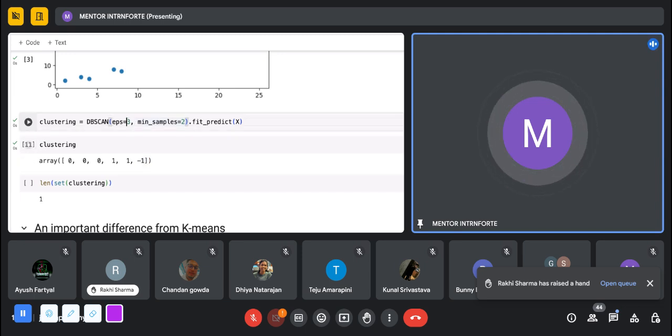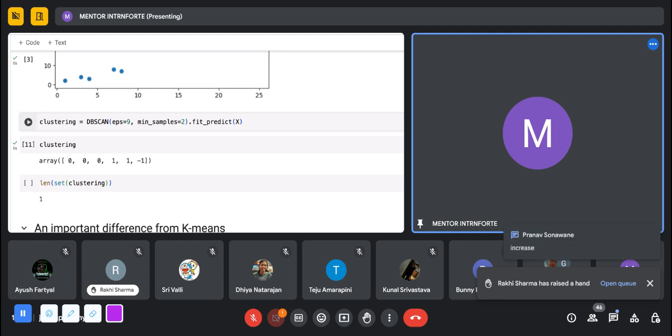Now, guys, if you increase the epsilon, the number of clusters will increase or decrease? Tell me, if I increase the radius size, the number of clusters will increase or decrease? Guys, tell me in the chat. Let's see how many of you have understood. Think wisely, guys.